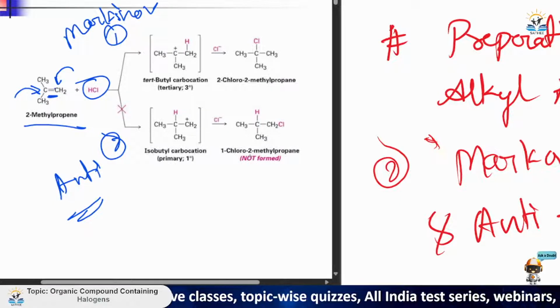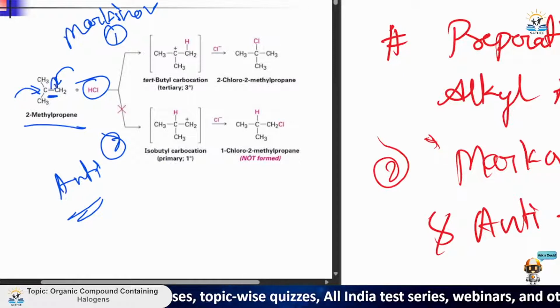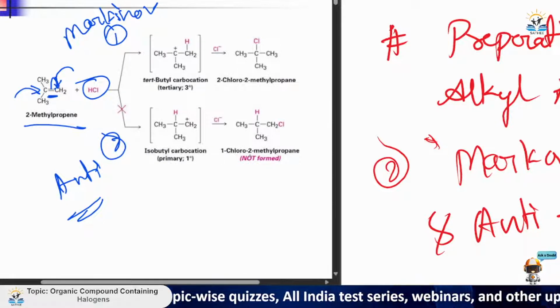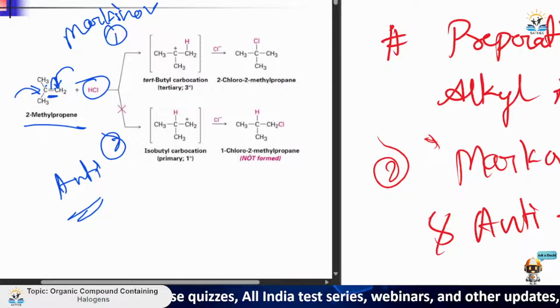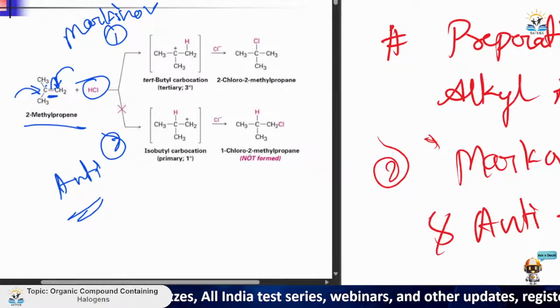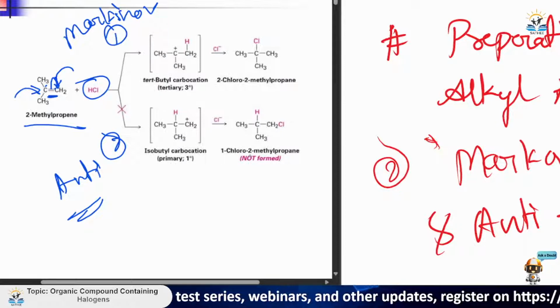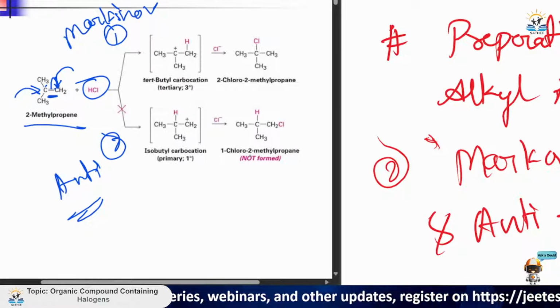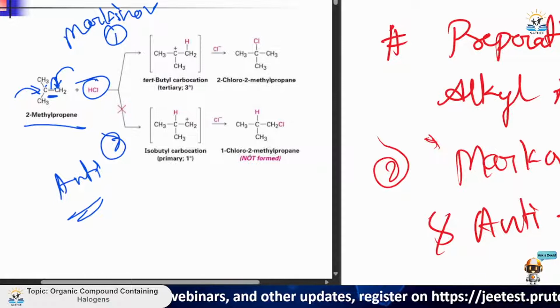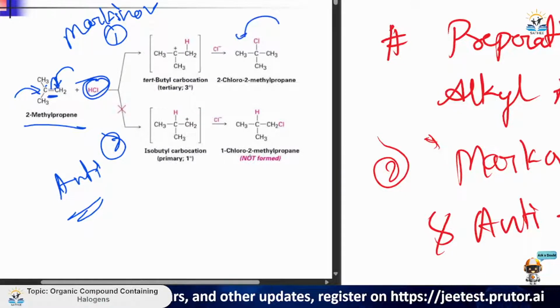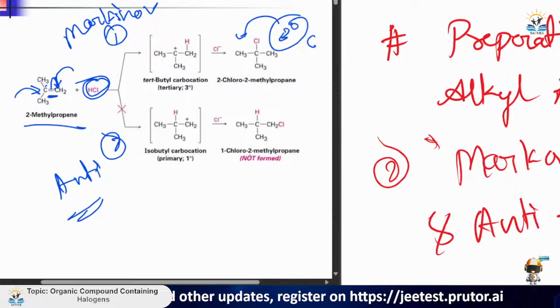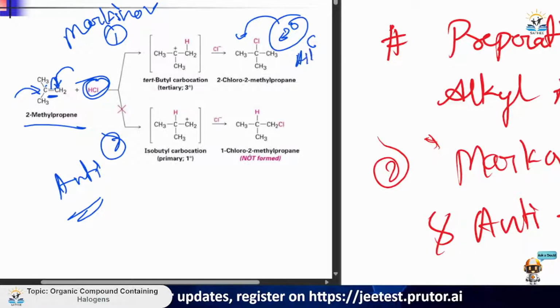See how this structure comes. If this bond comes here, then the positive charge will be here, and the double bond moves. To neutralize this positive charge, we add the Cl. So the Cl comes here, and it is a 3 degree carbon alkyl halide.